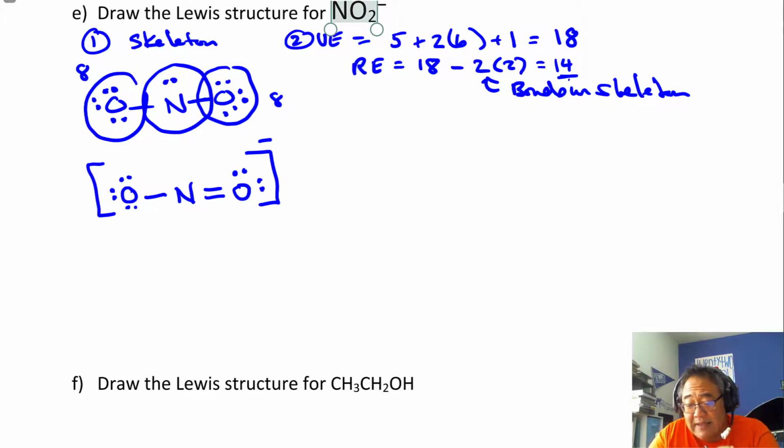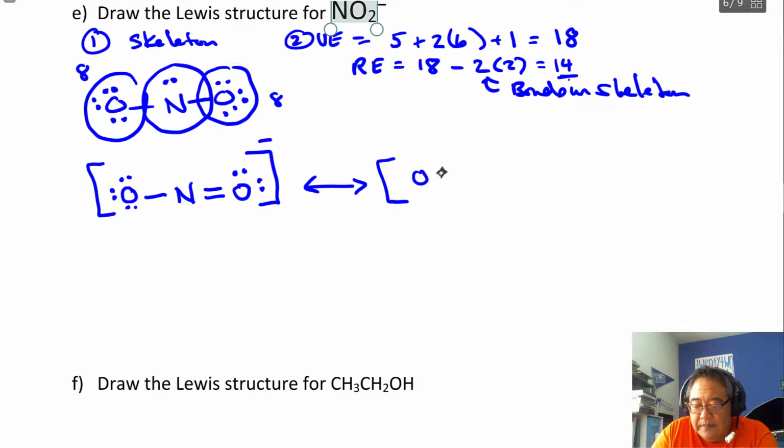Now, having said that, I could have done that from the other side. So that means there's a resonance structure, and you can draw it like this. Again, the double bond is on the left side now. Got a lone pair, and like that.